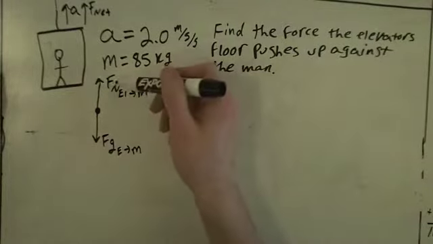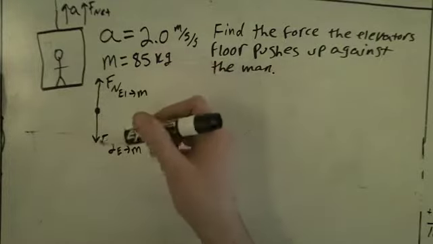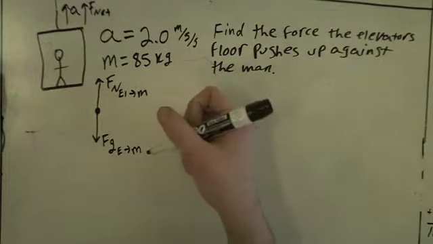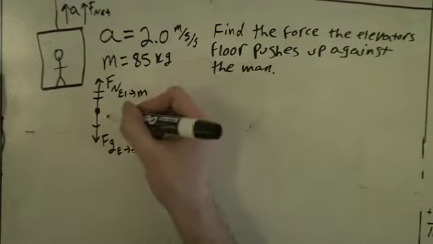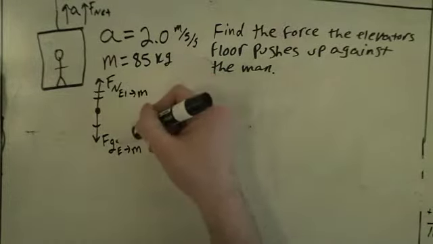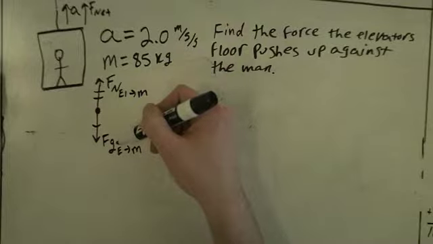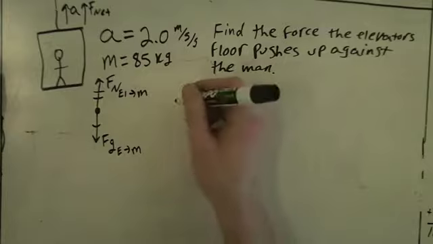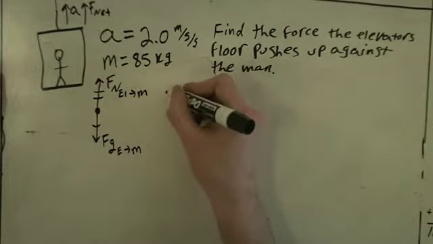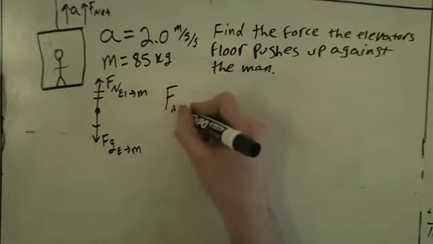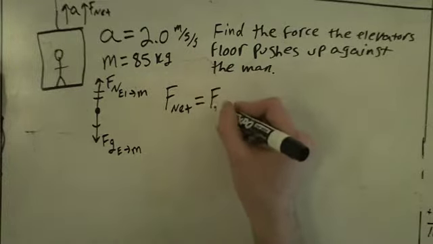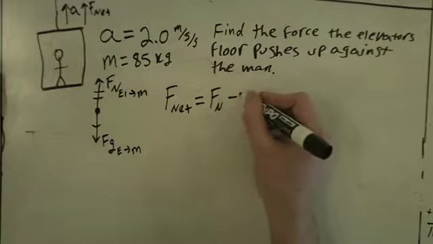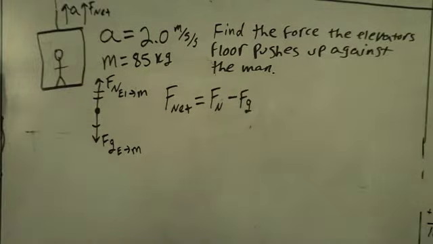That is to say, one force is bigger than forces that oppose it. So here I would say that this normal force is not equal to the force of gravity. And so in a written statement, I might say that the net force will equal the normal force minus the force of gravity.